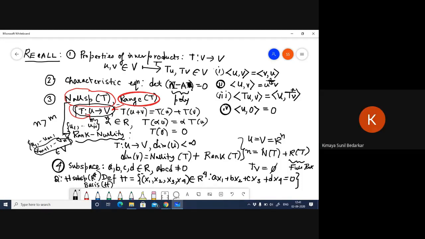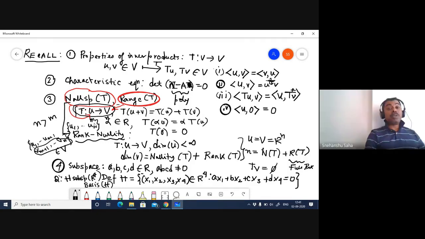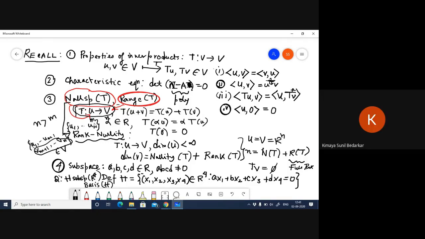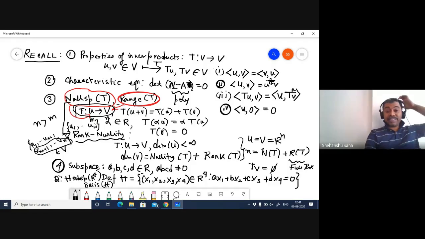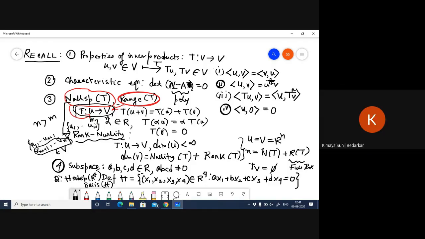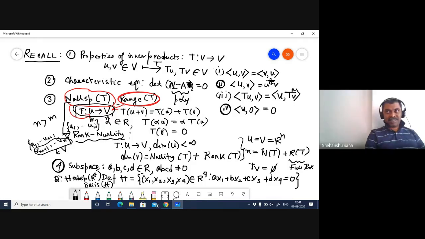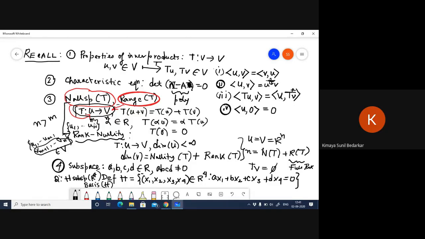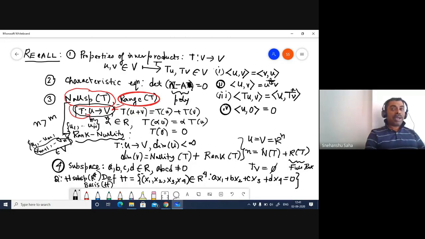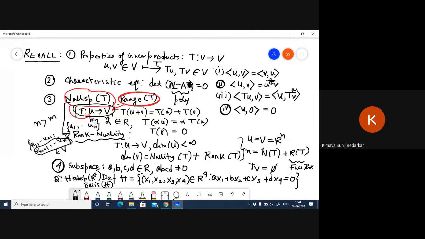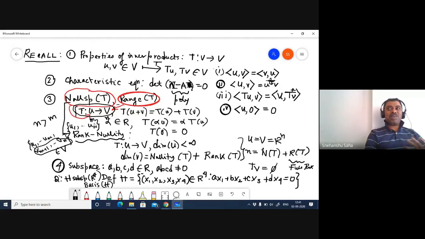Is V a subset of U? No, V is a superset of U. The mapping is from U to V, right? So V will have to be a subset of U, right? No, why? It could be both ways.